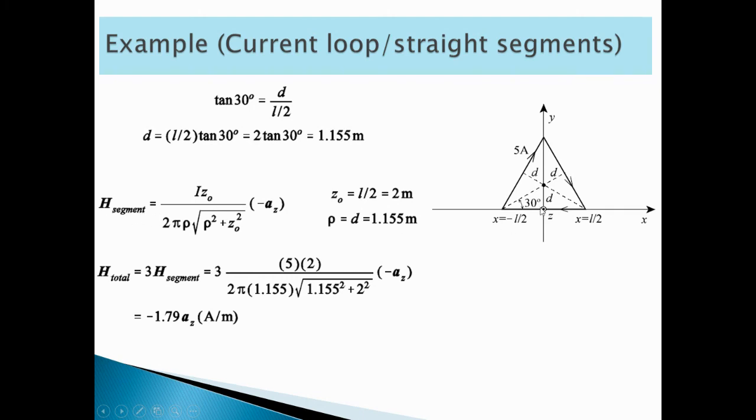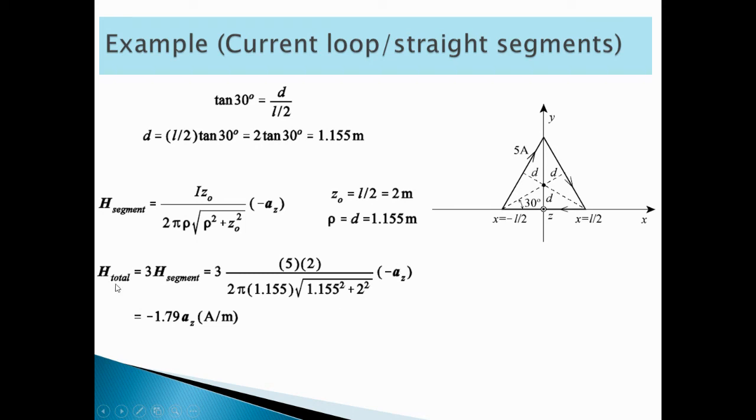But there are 3 segments: this is 1, this is 2, and this is 3, and they are identical. So when we multiply the H segment by 3, we get H total. That's how we get our final value of minus 1.79 az ampere per meter.